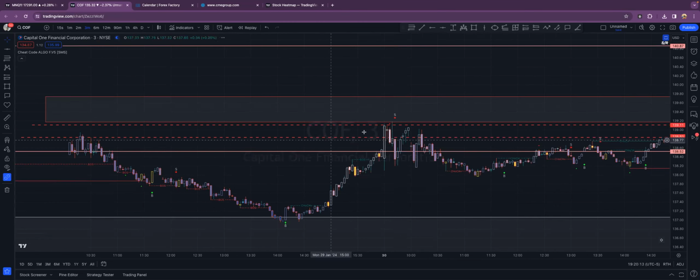They came back into the gap and tested our order block perfectly. Tested it, dropped, came back, and got this volume imbalance right here.